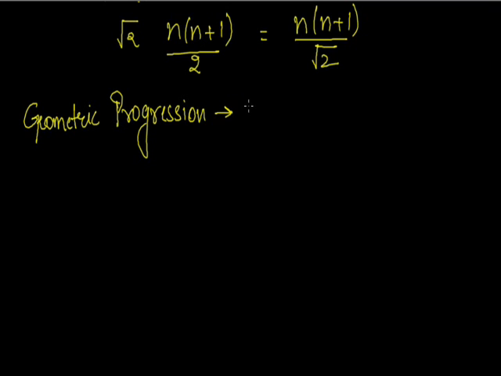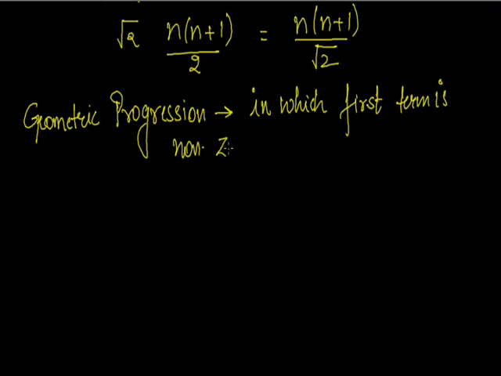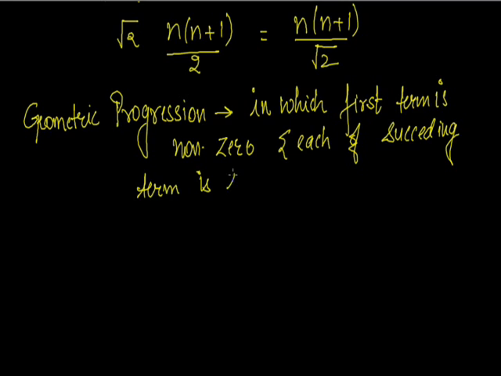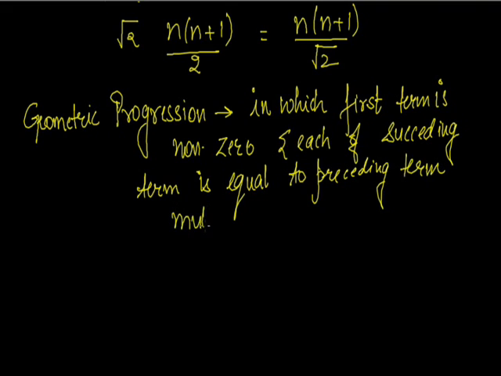Geometric progression is the progression in which the first term is non-zero, and each succeeding term is equal to the preceding term multiplied by a constant.